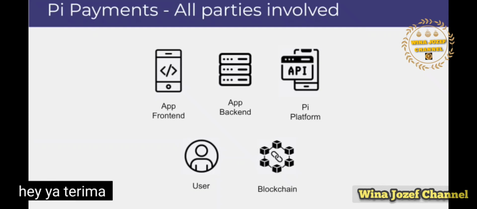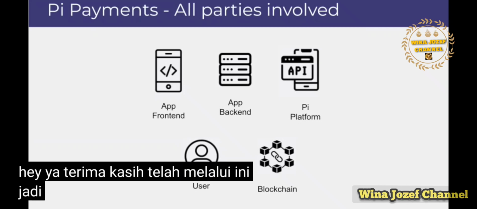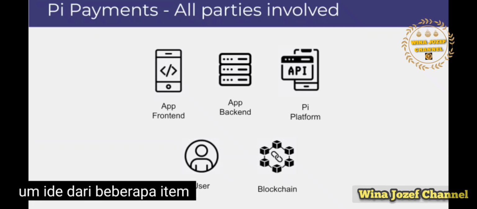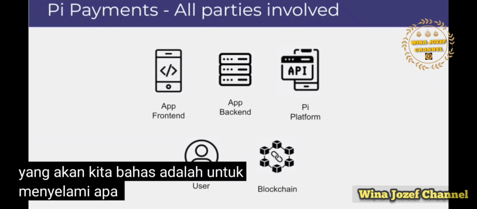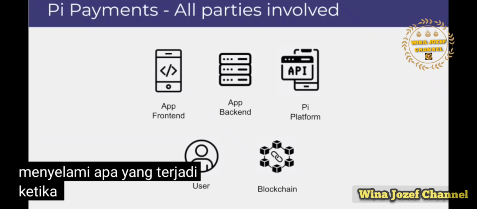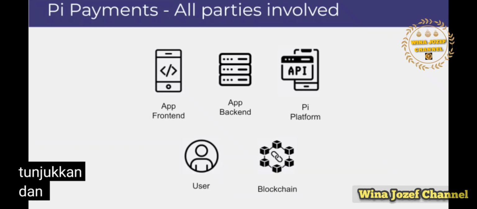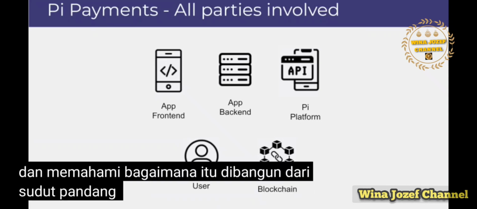Hey, yep, thanks for going through these. So the idea of the next few items that we're going to cover is to dive into what's going on when the UI shows what Christian was showing, and understand how that is built from the developer standpoint.